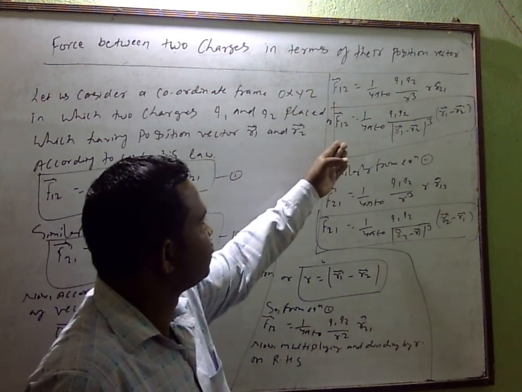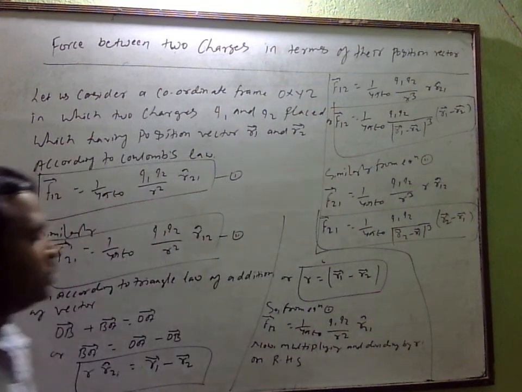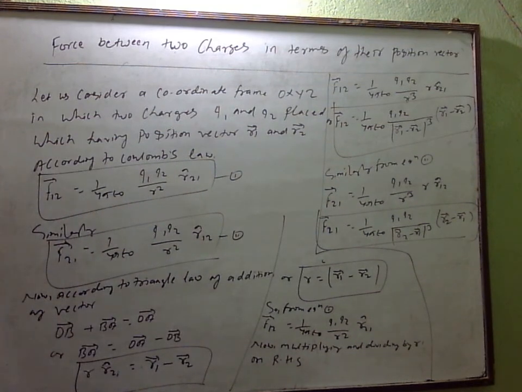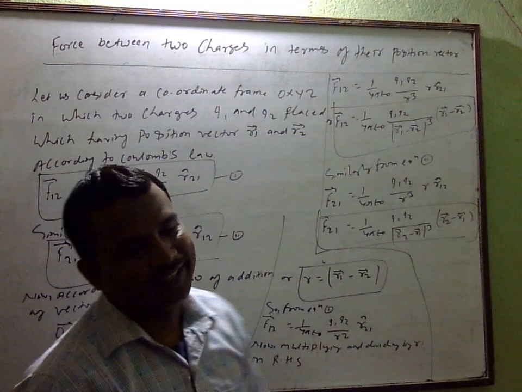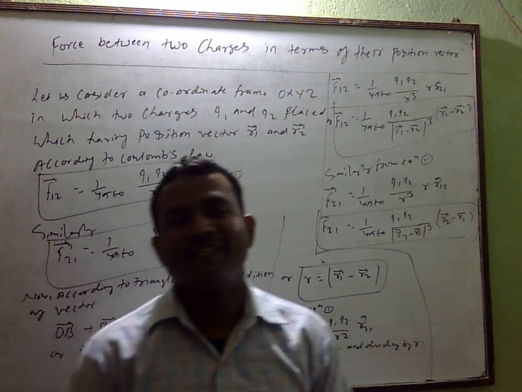Okay, so these two values we got. So you can write this one, force between two charges in terms of their position vectors. Okay, I think that you may have written these ones.